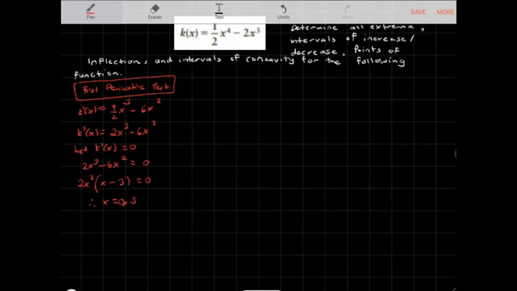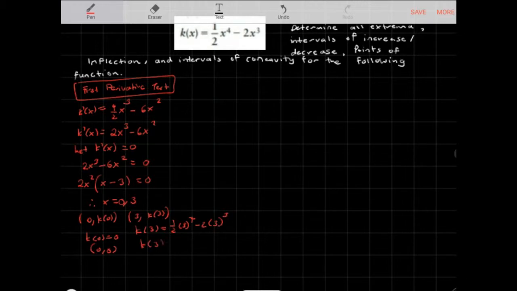Right, so after you figure out those points, what you want to do is find the y equivalent of those points. So the points will be 0 and k of 0, and 3 and k of 3. k of 0 here is basically equal to 0, so you have the point 0, 0. And k of 3 here is equal to 1 half times 3 to the power 4 minus 2 times 3 cubed.